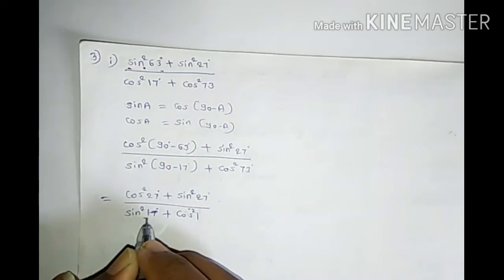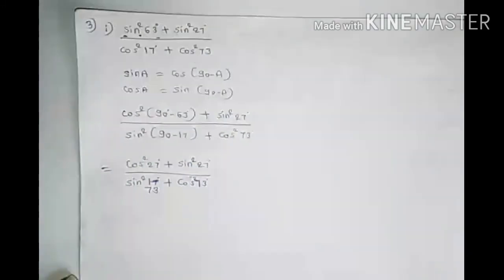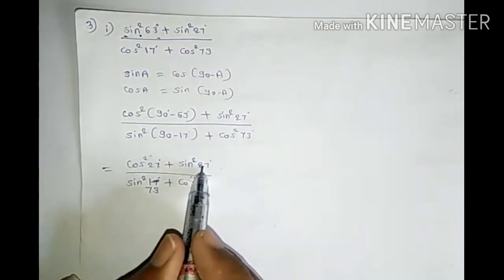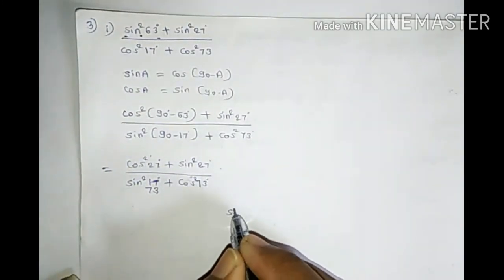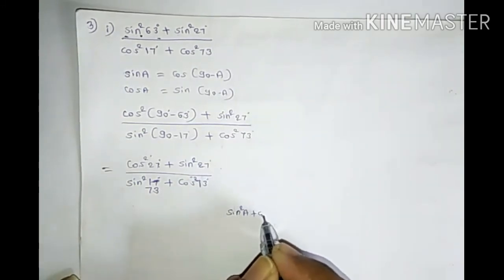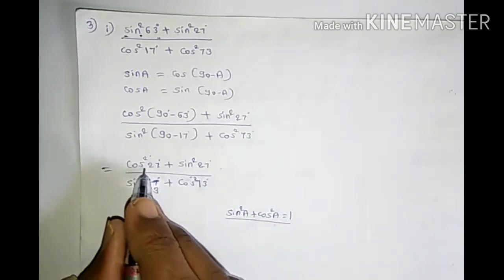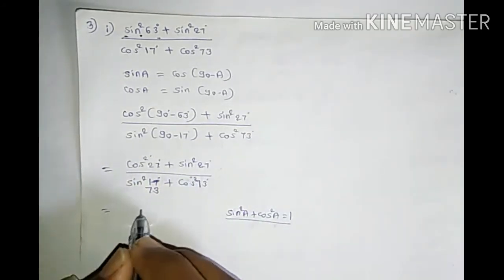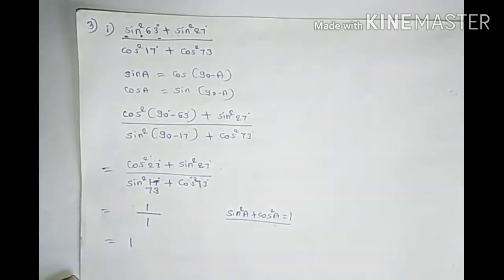Sorry for the mistake, it is 73. As you know, sin square A plus cos square A equal to 1. So we can write here 1 divided by, it is also 1. The answer is 1.